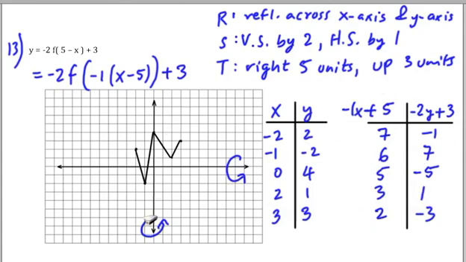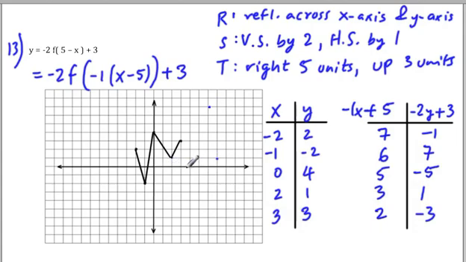I'm just going to erase these reflections because I need to make room for the points themselves. Okay, so 7, 1. So 2, 4, 6, 7, 1. So we have that one point there. 6, 7. So 6, 1. So 2, 4, 6, 7 right there. 5, negative 5.